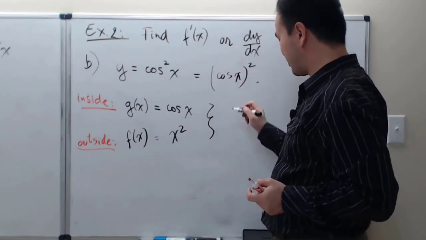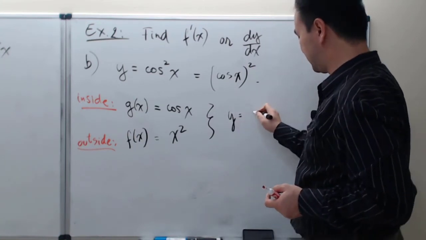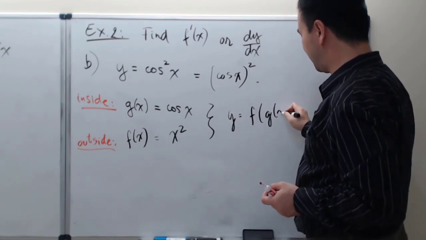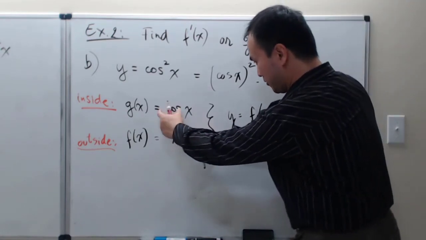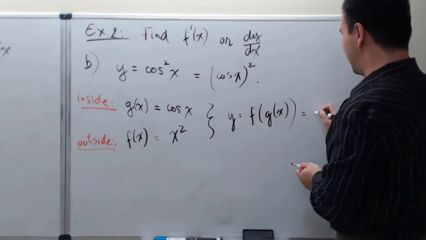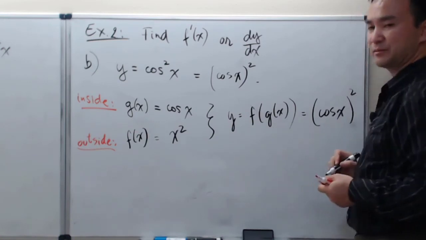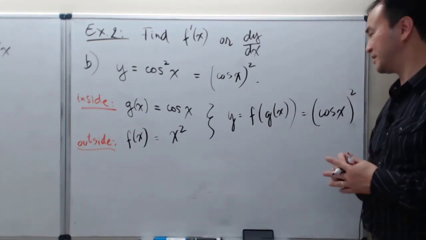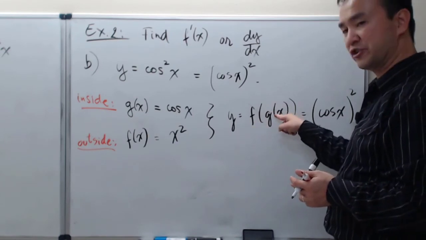The whole function y is really f putting g inside. See, x squared, but now for the x we put the cosine, the g function, and that's how we end up with cosine of x being squared. In other words, the function f is being composed with the function g.